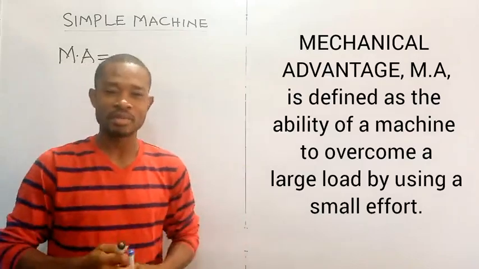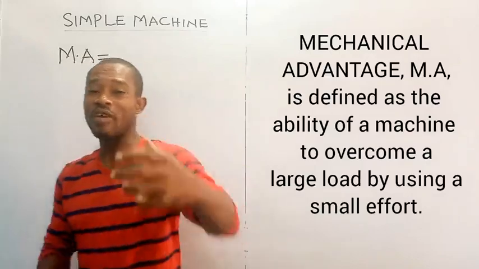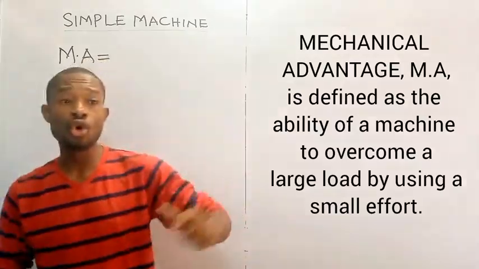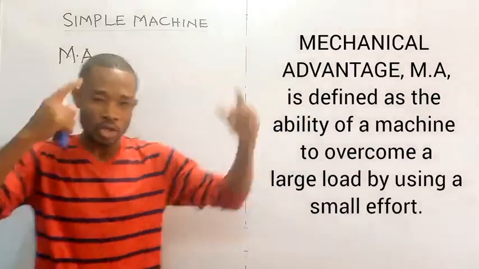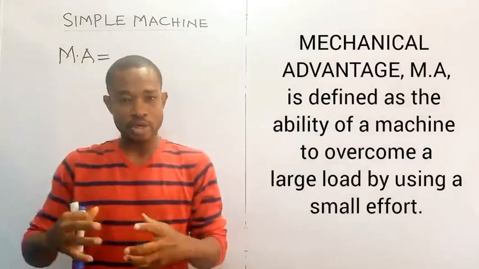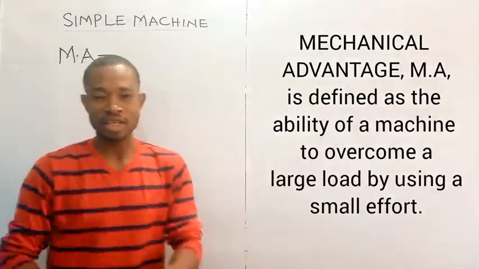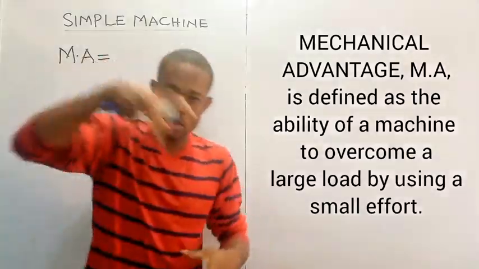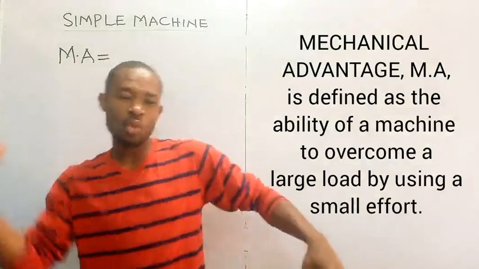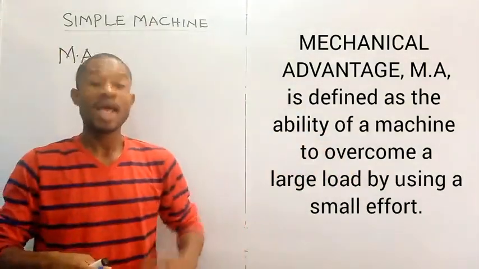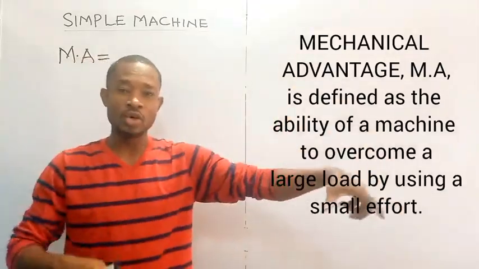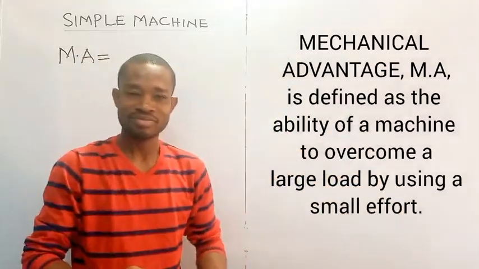And what is the result that the machine will bring out? The machine will convert the effort you gave to it to overcome that load for you. So look at the connection. The operator, largely the human, works on the machine. Take note of that. The operator does what? Works on the machine, and then the machine works on the load. And what that machine does on the load is the output.